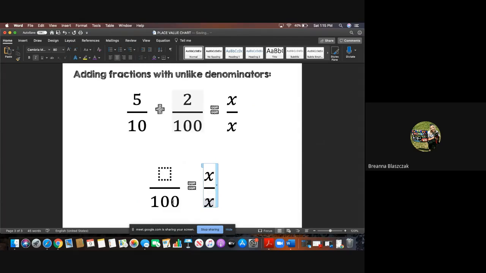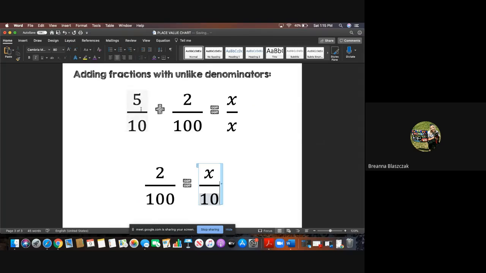All right, so if I decide I want to change 2/100ths into tenths, so my goal is to get 10 as my denominator. 100 divided by 10 would be 10. But 2 divided by 10, that wouldn't really get us a whole number for the top. And we could try it the other way. Blank times 10 would get us 2. It doesn't work that way. So our only option is to change 5/10.